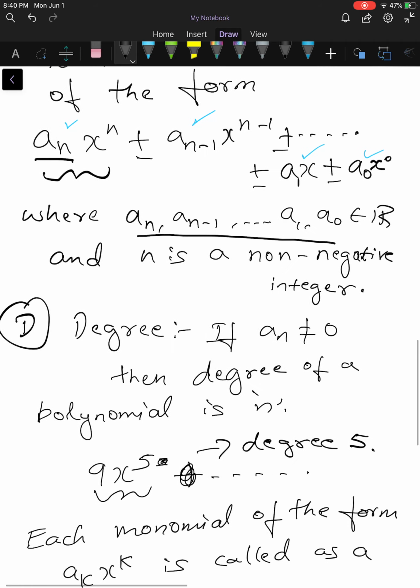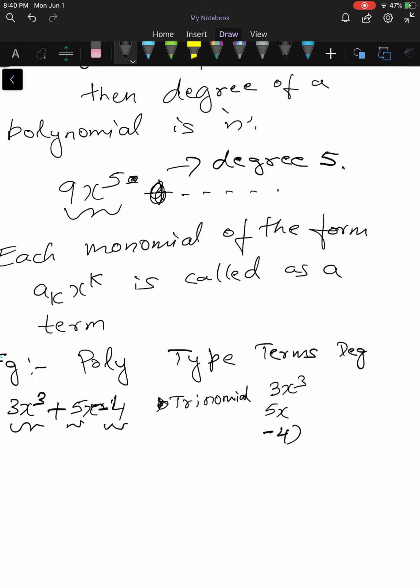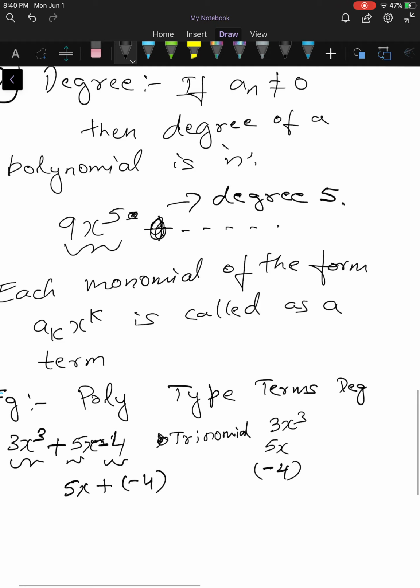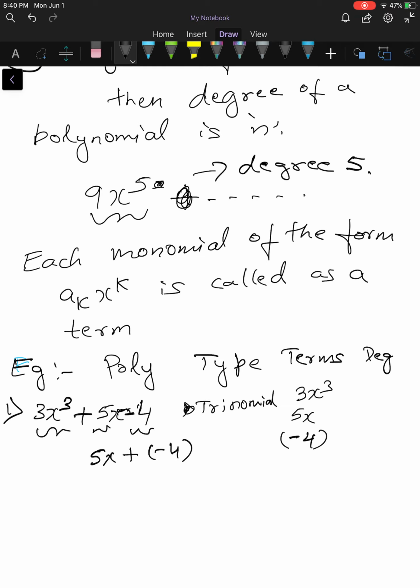So when you have a negative sign in the last term, here -4, that means you need to consider the negative sign along with the term, because you are doing the operation like this, 5x plus of -4, which matches with the general form. So -4 is also a term. And the degree is the highest power n takes, like the highest monomial power. So that would be 3. So the degree is 3 in this case.